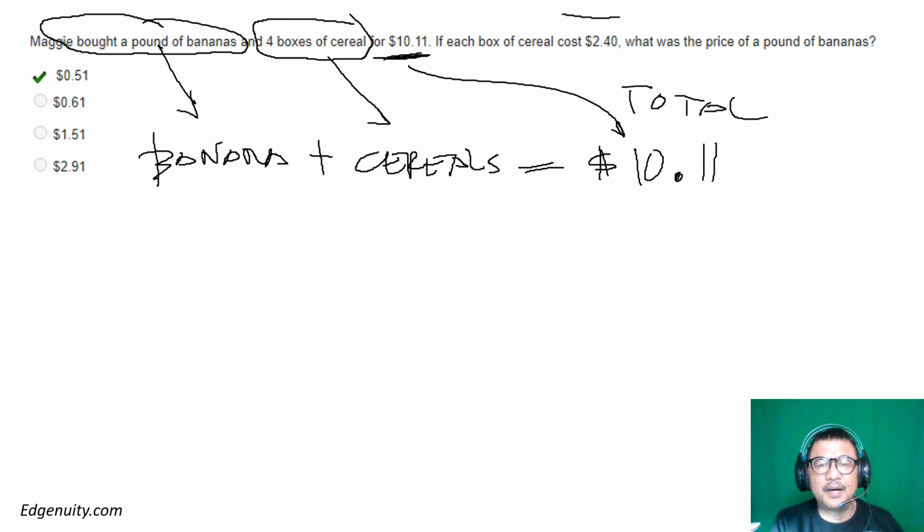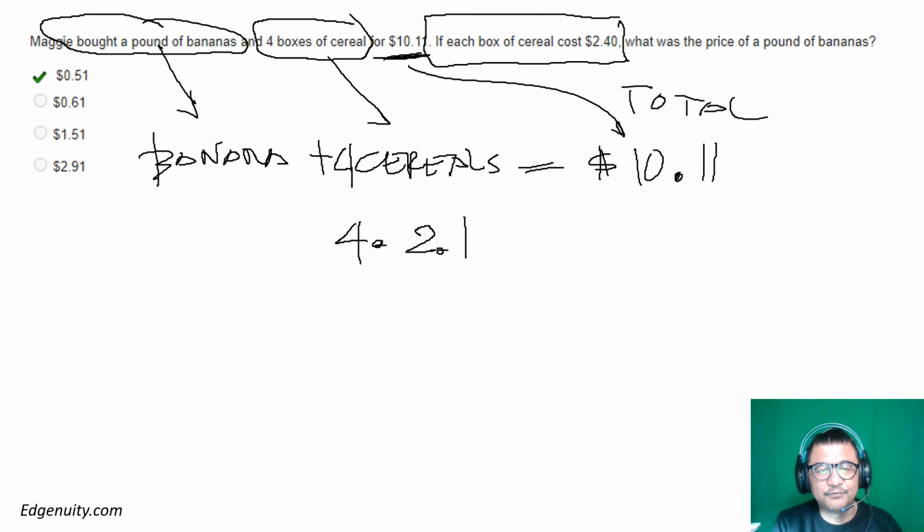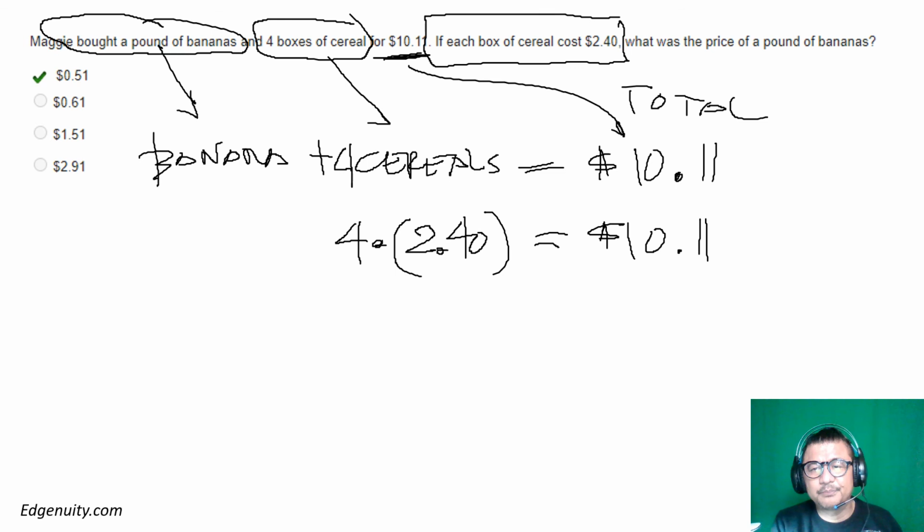Each of the box costs what? $2.40. And remember, there are 4 boxes. 4 times $2.40. 4 boxes, and 1 box is $2.40. Again, the total is $10.11. What is the price of one banana? 1 pound.